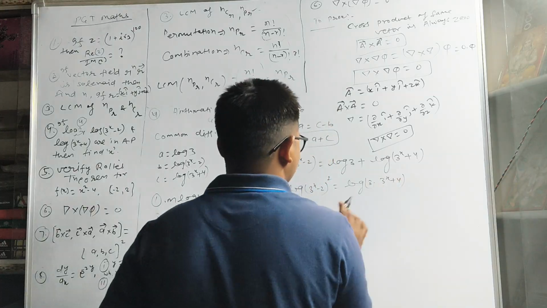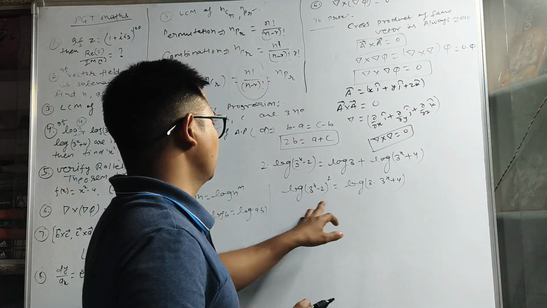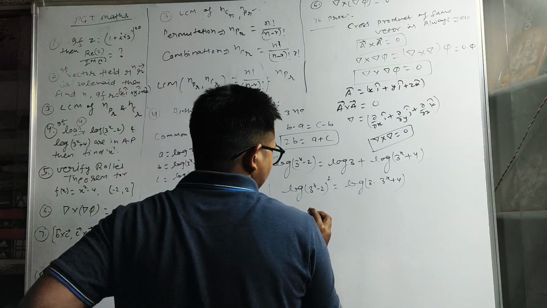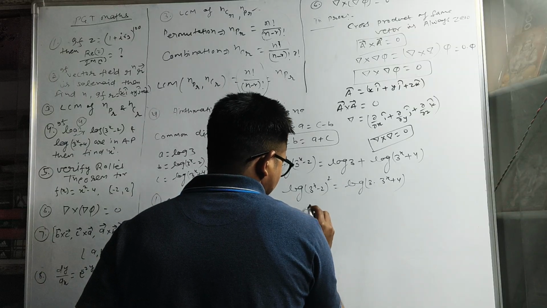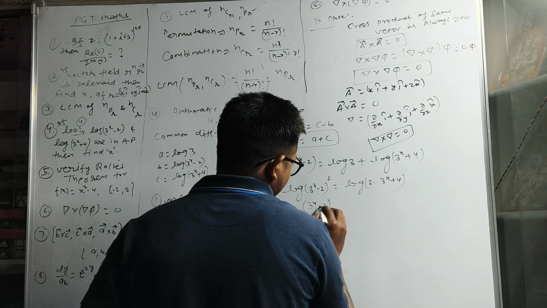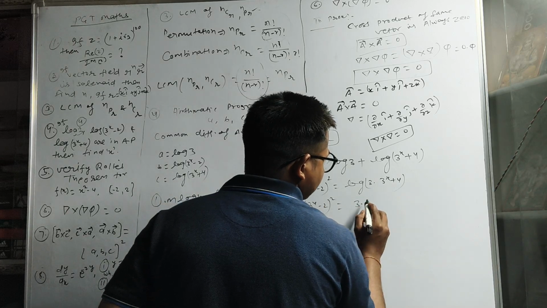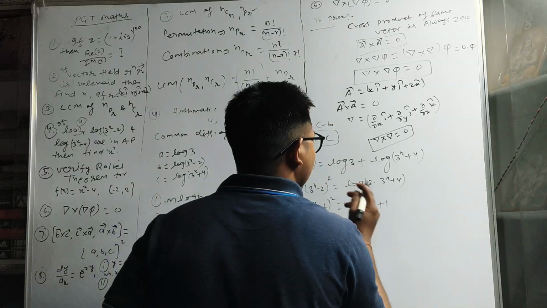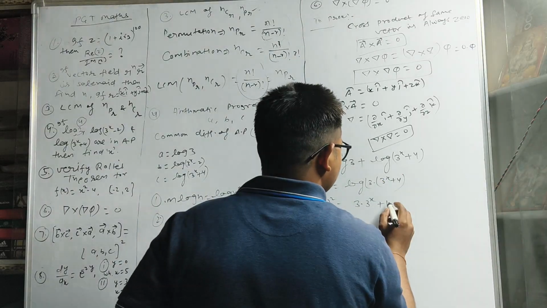In the whole term, log is present on both sides, so we can remove it. So we have to write (3^x minus 2) square equal to 3 into 3^x plus multiplication of 3 in both the terms, we'll have 12.